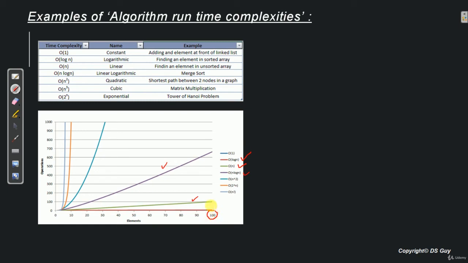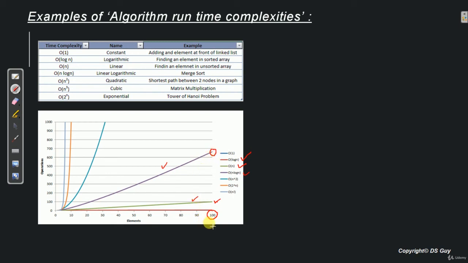Whereas if the time complexity is order of n, which is represented by the green line, it takes around 100 operations. But in case the time complexity is order n log n, the operations become somewhere around 650 for the same 100 elements.